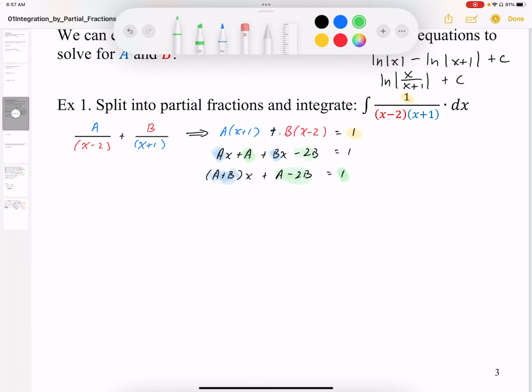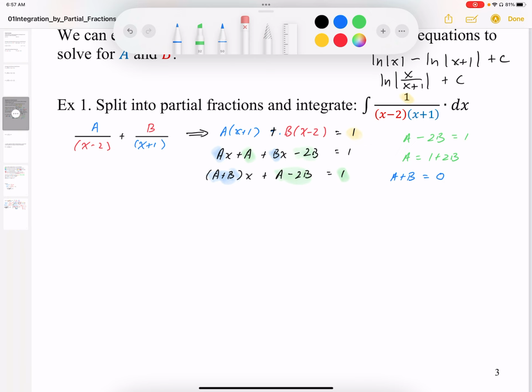So I have a minus 2b is equal to 1. So I end up with a is equal to 1 plus 2b. And I'm going to use that in this equation with a plus b. So in the blue, I have a plus b is equal to, there's no x term, so that must be equal to 0.